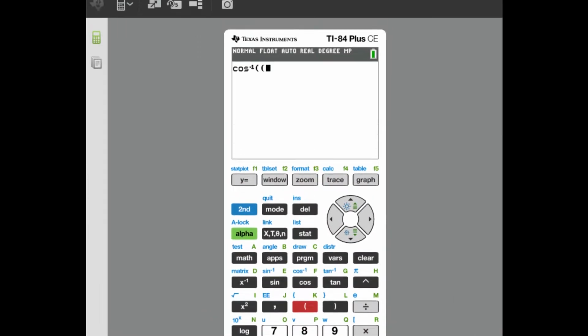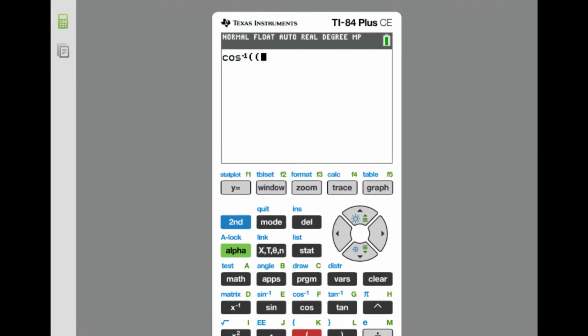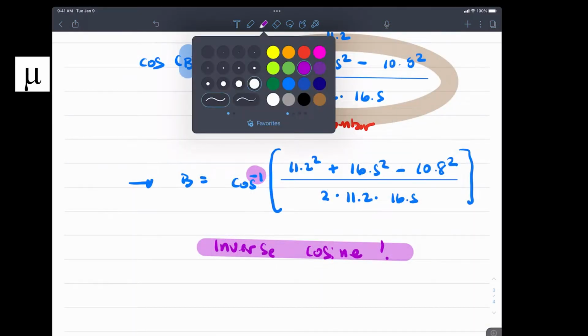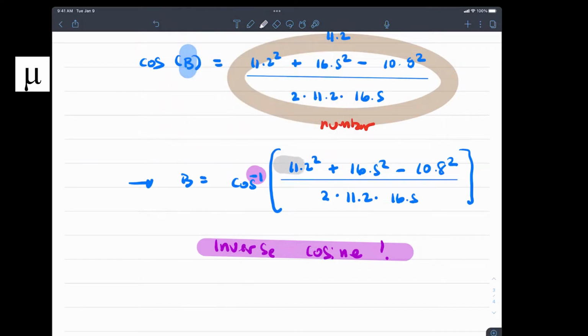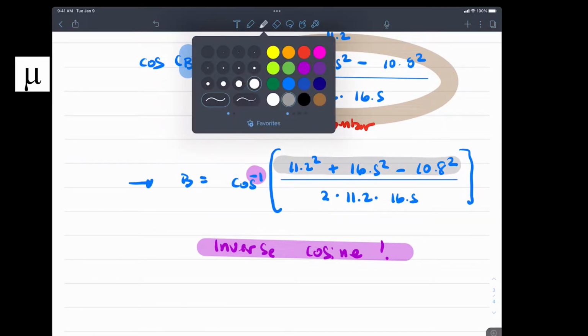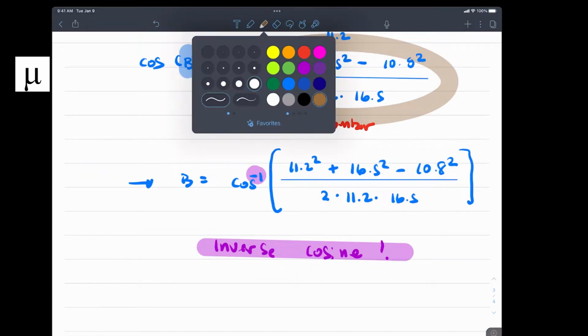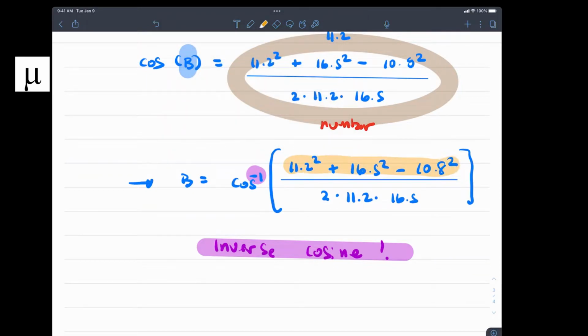Okay, so let's look at the details here. You say the first parentheses, I have to do what? If I go back here, notice this. This over what? This. And I should probably change my colors here. Orange over green.